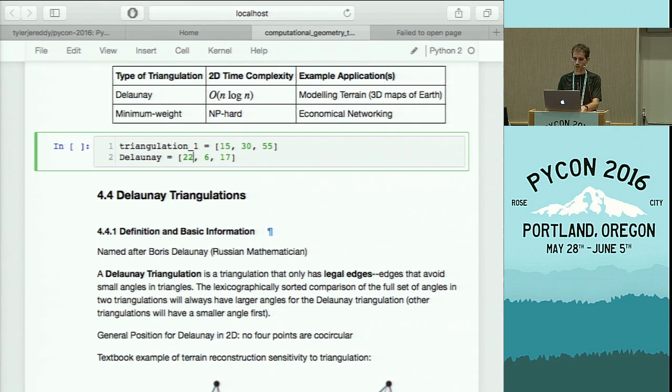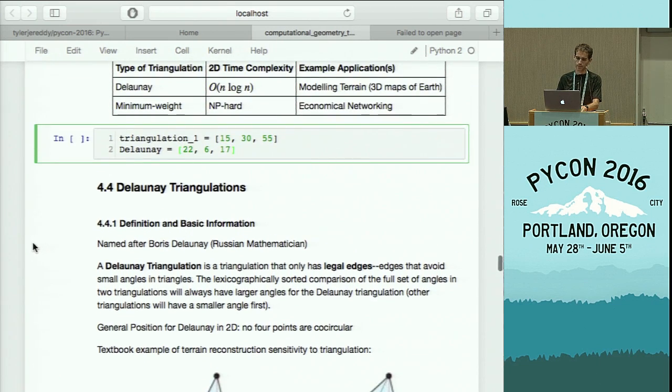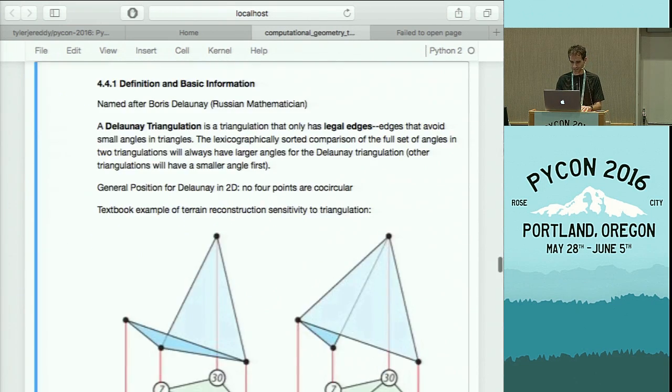Here we have 22 is greater than 15, so that's Delaunay. Beyond that, the other triangulation is allowed to have a larger angle. So you always want to sort it so that really small angles are avoided first. I hope that makes some sense.